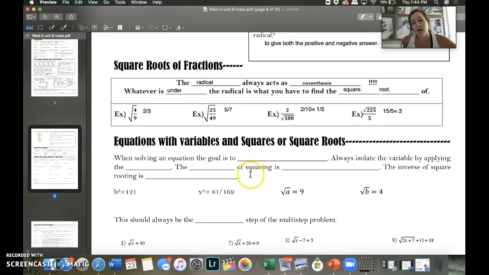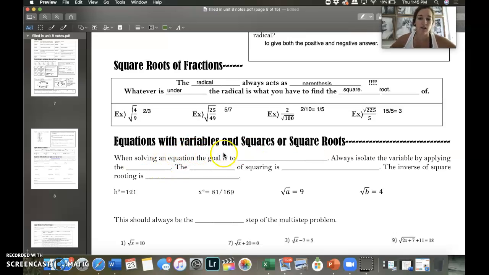Okay, so equations with variables and squares or square roots. We always have to apply the inverse, which is what we talked about before. So like the inverse of squaring is square rooting. The inverse of taking the square root is squaring. Just like the inverse of multiplying is dividing, the inverse of adding is subtracting, so on and so forth.